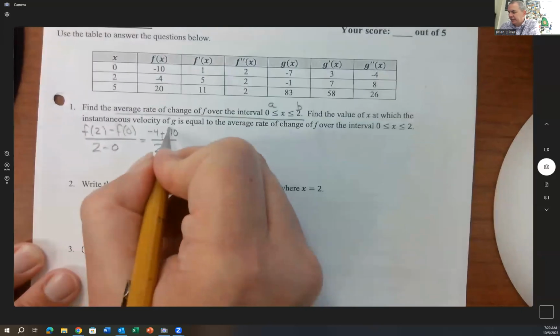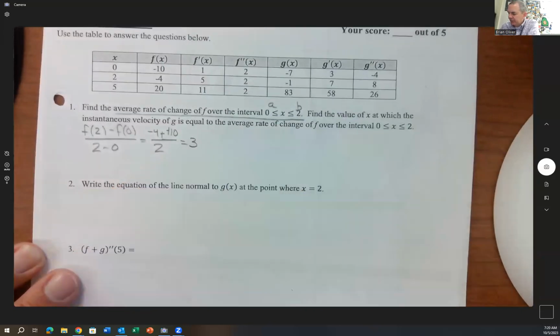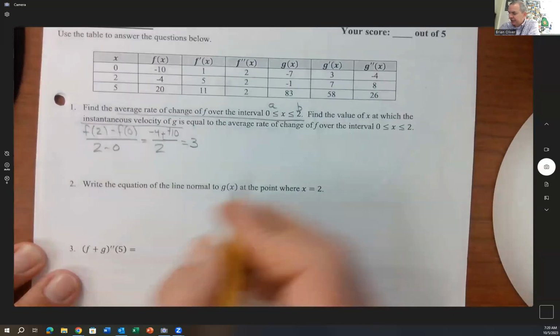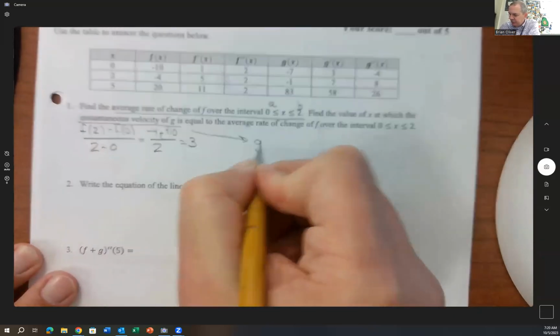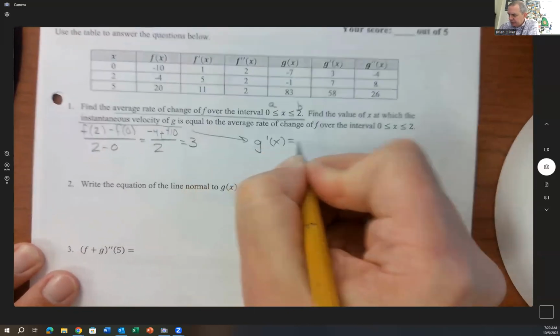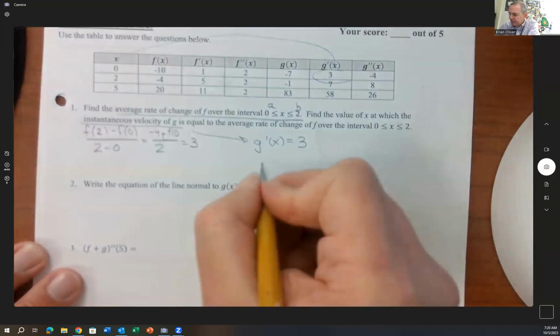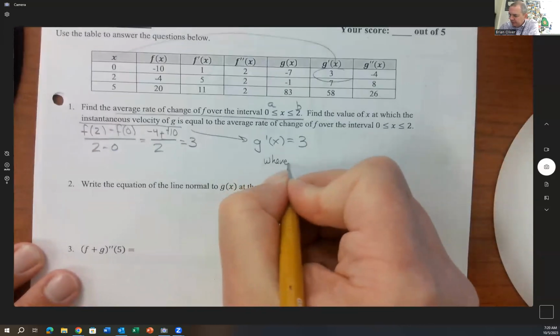Keep change, that becomes 6 over 2, which is 3. For which value of x is the instantaneous rate of change of g, meaning g prime of x, equal to 3? G prime of x equals 3 here, where x equals 0.